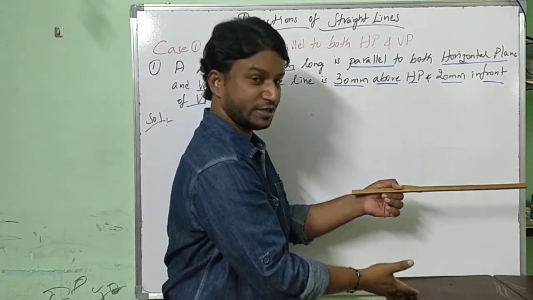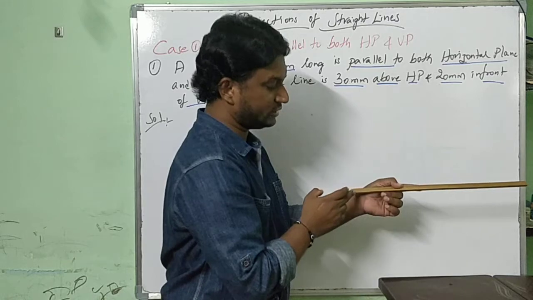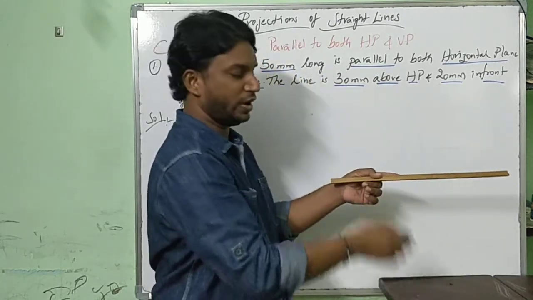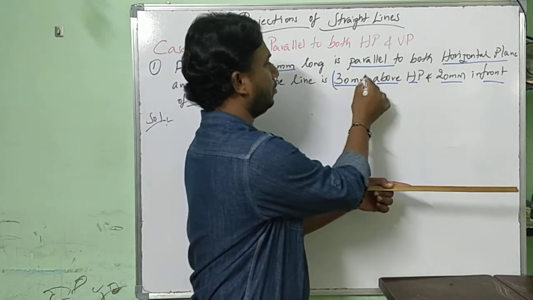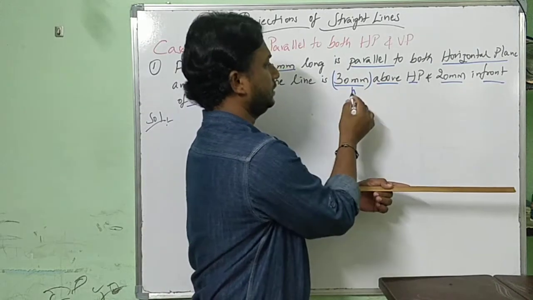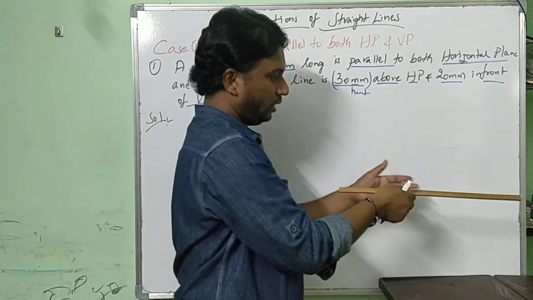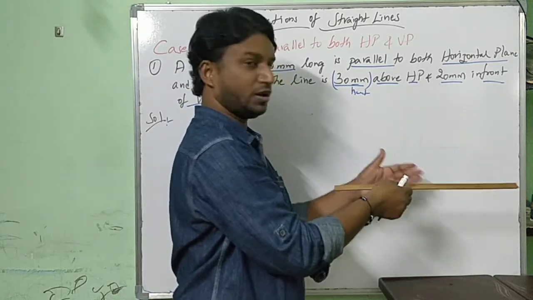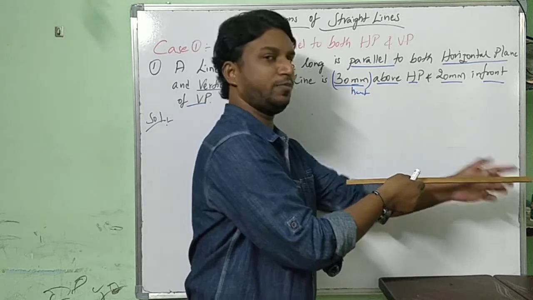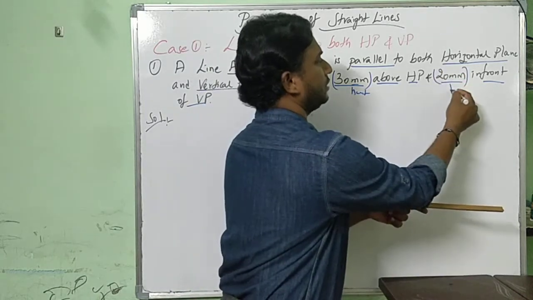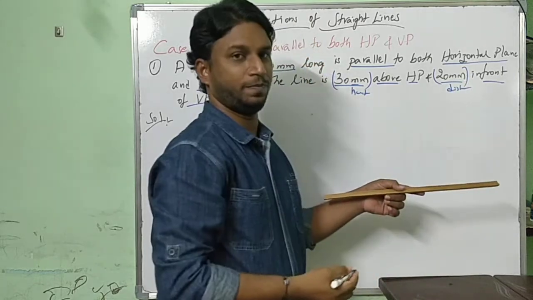It is at height H from the horizontal plane. A and B are at the same height. What is that height? Above HP, it is given as 30 mm. Now in front of VP, point A and point B are at the same distance d, as per our definition. At what distance? 20 mm.